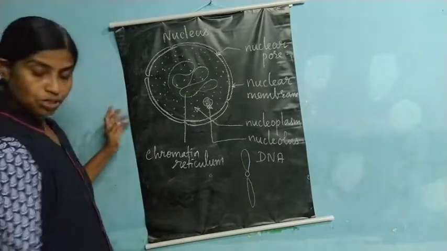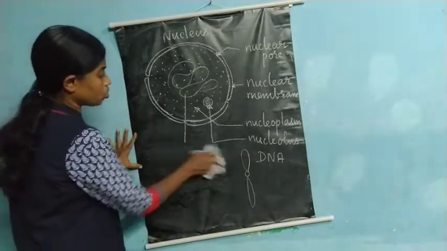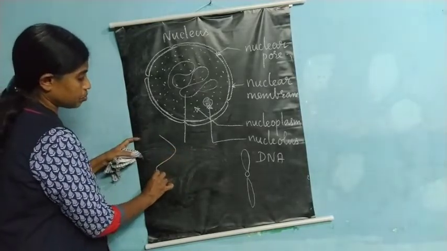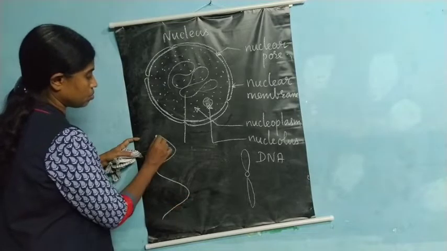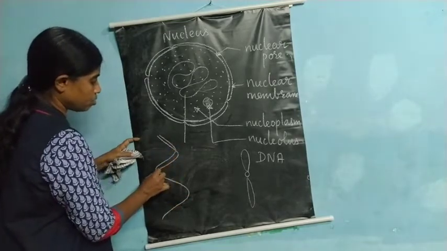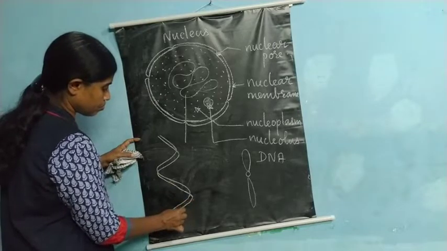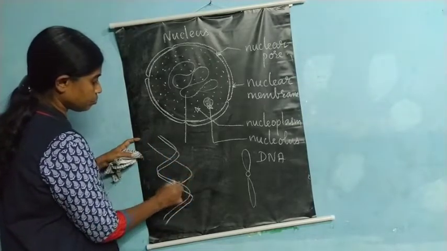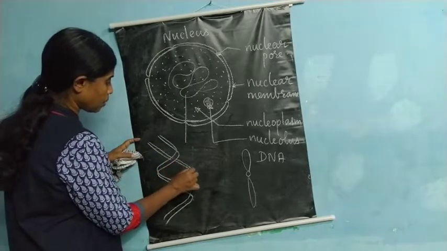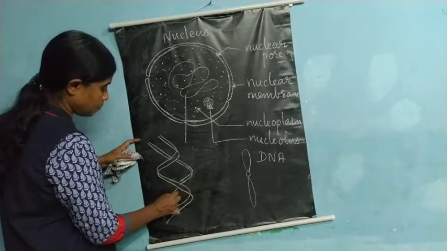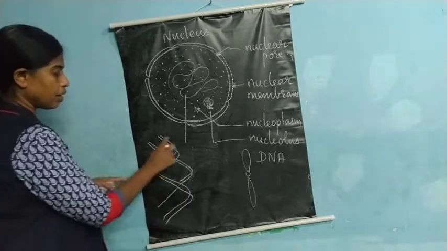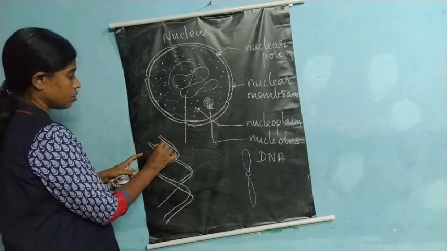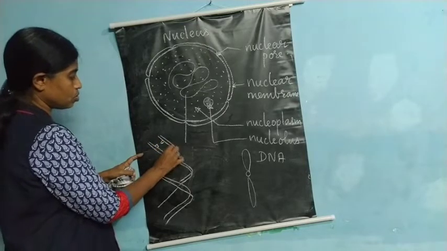And let's see the shape of this DNA. DNA is a double helical structure, like a ladder. Like a helix, you can find steps, no?